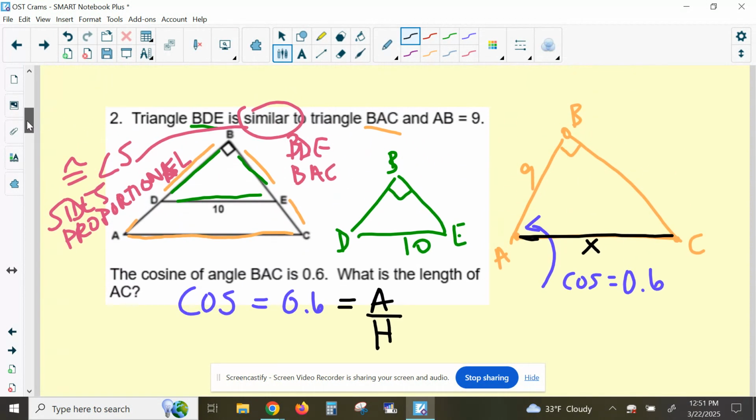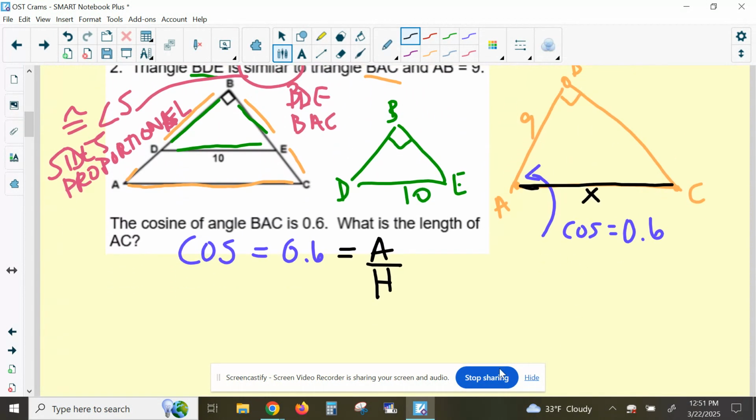Now, here's the thing we know: these 2 triangles are similar. So like we said, the angles are congruent. So if the cosine of this angle is 0.6, that means the cosine of this angle is also 0.6. They're both exactly the same, right? These are 90, and then you'd be able to figure out the other one if you've got some numbers. But we need adjacent over hypotenuse.